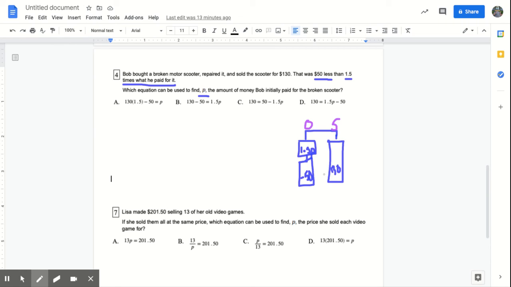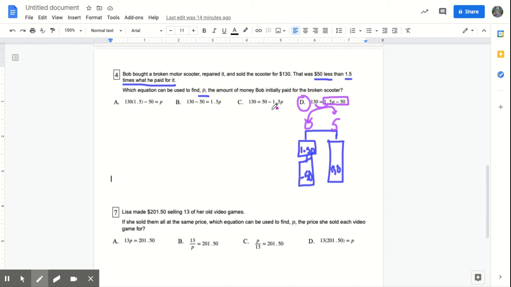Now, looking at my options above, let's take a look. Letter A doesn't really match up. Letter D is the one that we're looking at. So we have 130 over here as one side of the equation, and then 1.5 times P minus 50, sorry, is the other side of the equation.